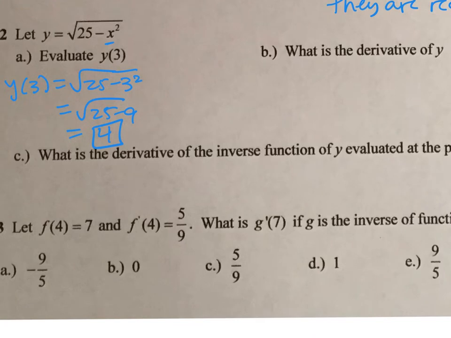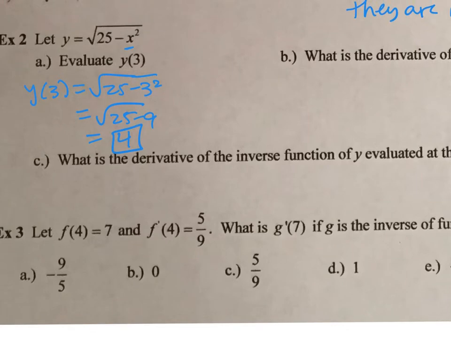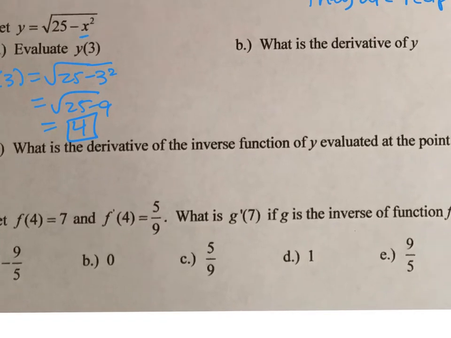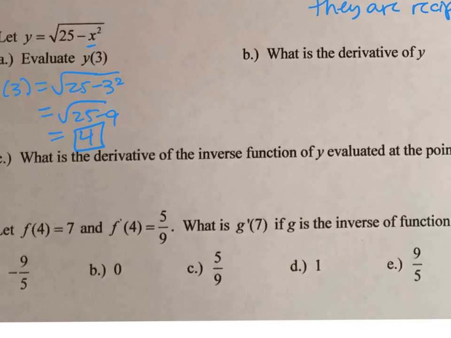Well, if y equals the square root of 25 minus x squared, then to find the derivative, to find y prime, remember, let me just write over here, that if f of x is equal to the square root of x, remember we practiced this the other day on a worksheet, then f prime of x is going to be 1 over 2 times the square root of x.